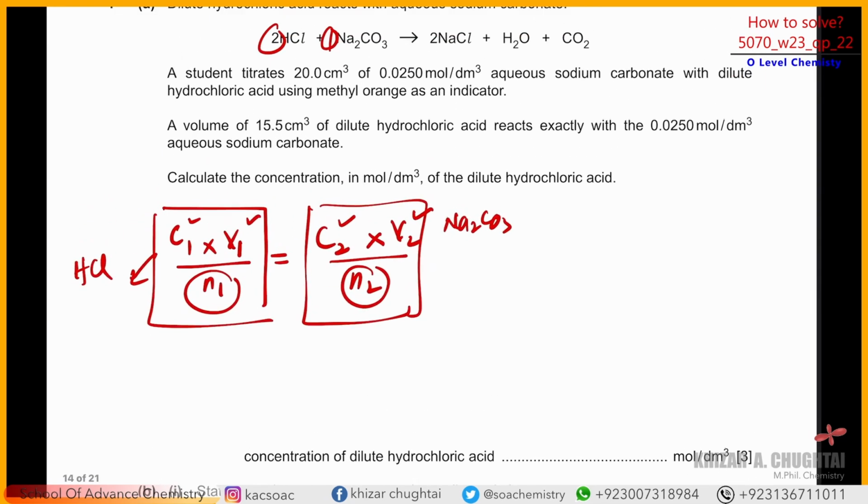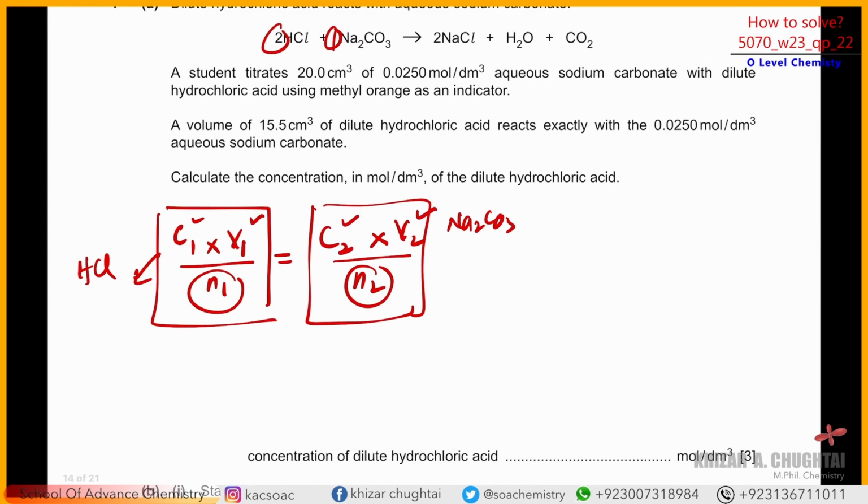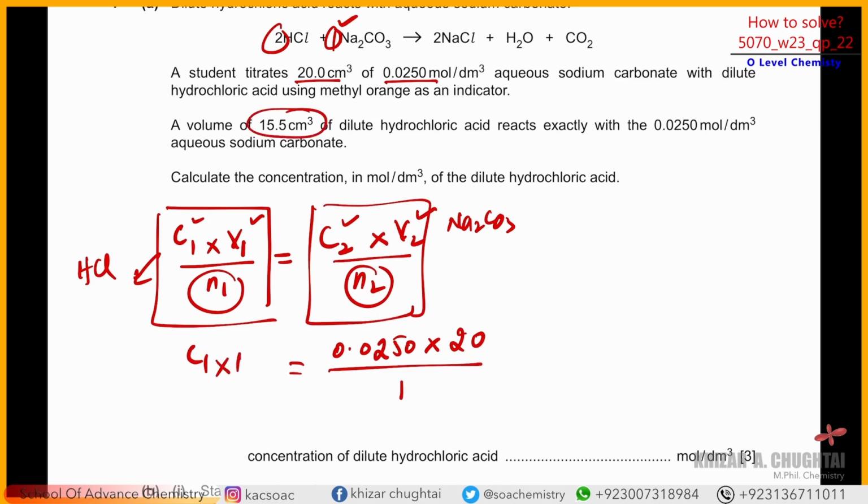So let's see over here. First of all, what is the volume and concentration of sodium carbonate? The concentration is 0.0250, the volume is 20, divided by moles of sodium carbonate, which is 1, equals the concentration of HCl, which is to be calculated. C1 times the volume of HCl used, 15.5, divided by its moles, which is 2.